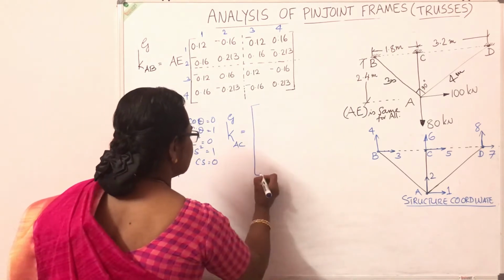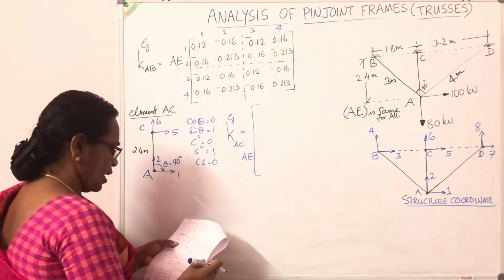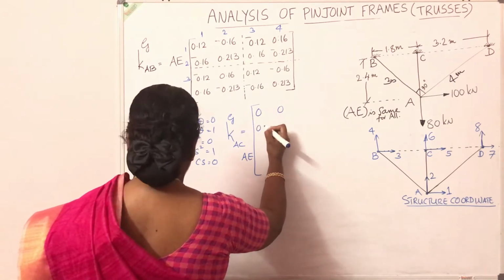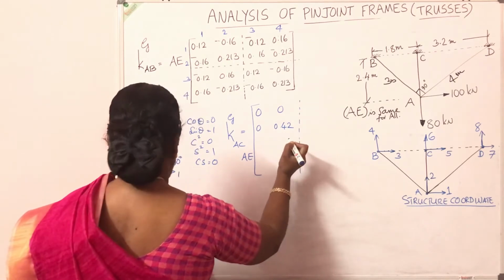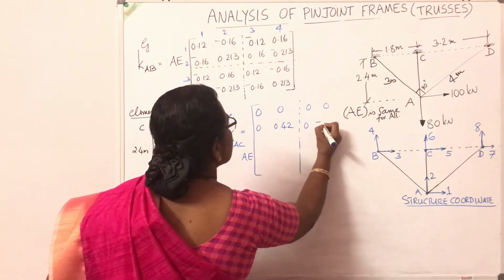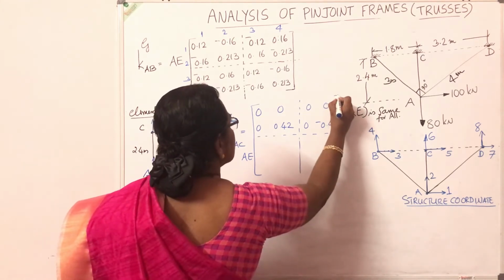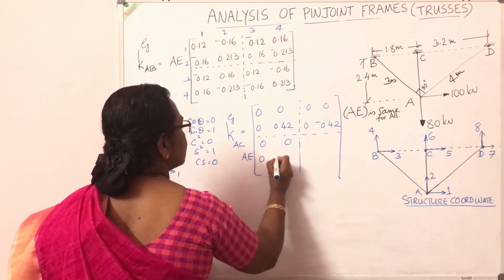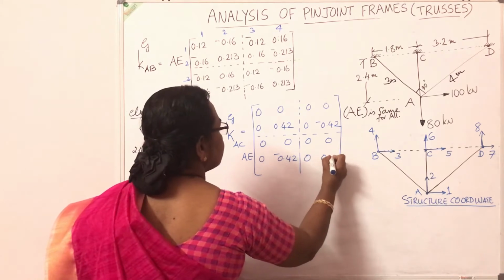On completing that, you'll get AE by L. I will write the values 0, 0, 0, 0.42, 0, 0, 0, minus 0.42, and this should repeat here 0, 0, 0, minus 0.42, 0, 0, 0, 0.42.